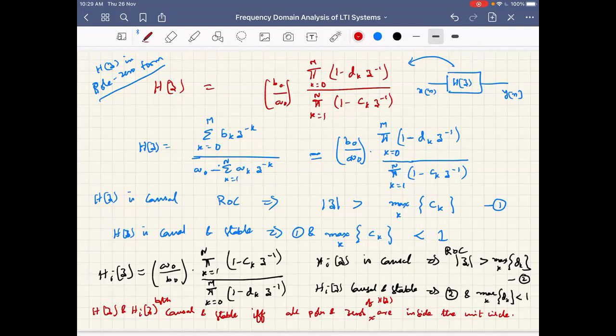So this gives a guideline on when the system can be minimum phase, because this property is for a minimum phase system. For a minimum phase system, we see that all the poles and zeros are inside the unit circle. This is the property of the minimum phase system.